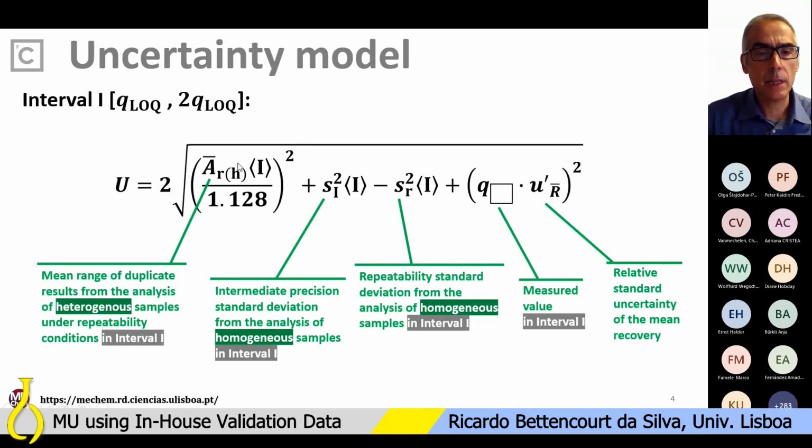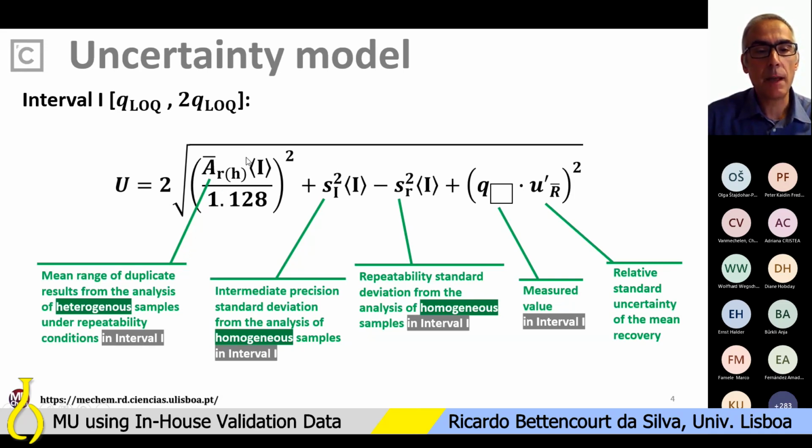The first term is for sample heterogeneity. We take the mean range of duplicate results from the analysis of heterogeneous samples, and these duplicates are performed under repeatability conditions with data from this first interval.